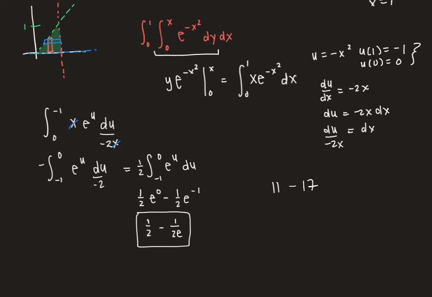I'll just give you a warning that 14 requires integration by parts. You might not want to do that one. Let's see, the rest of them don't look too bad. Number 13, you'll have to break up into 3 separate integrals.